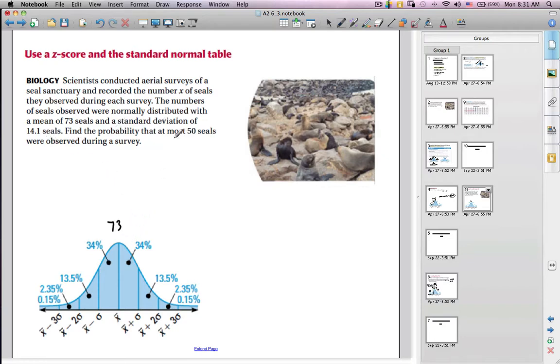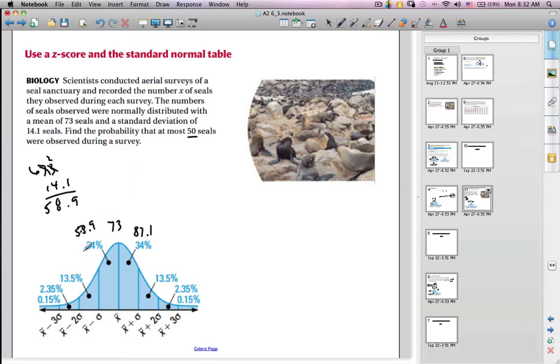So I know that we're looking for at most 50 seals, so I could go up. But the bottom line is those values are getting greater, so this would be, for instance, 87.1. If I go in the other direction, 73 minus 14.1, it's going to be 58.9.